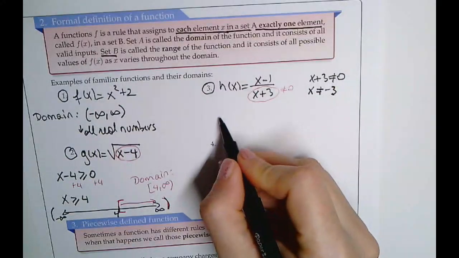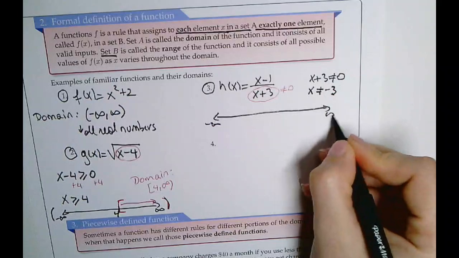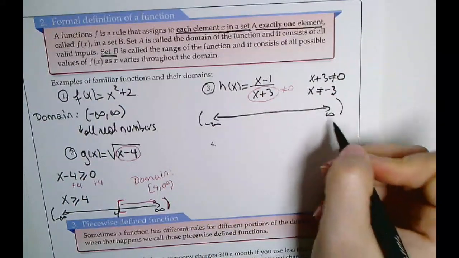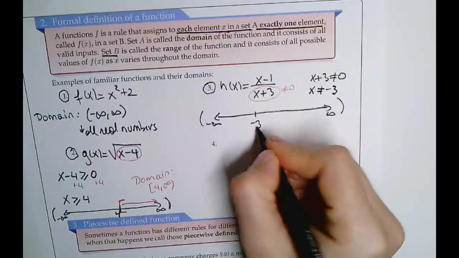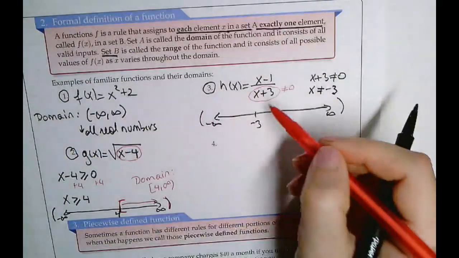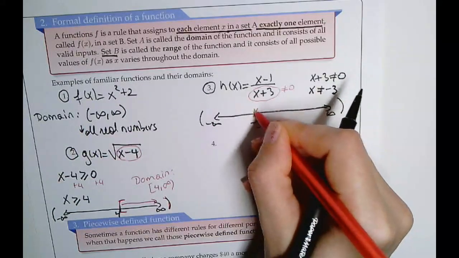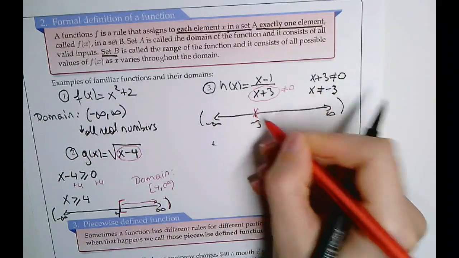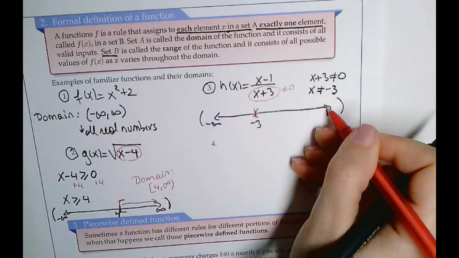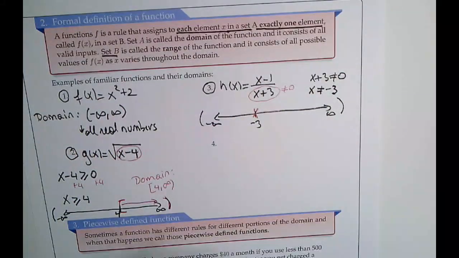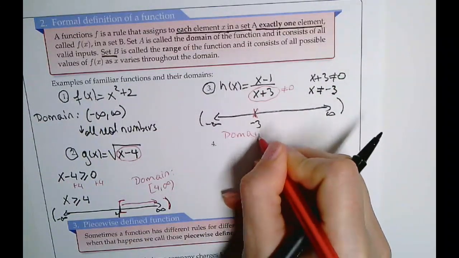Okay, so the domain will be x cannot be equal to -3, but how do I write that down in interval notation? Again, I draw my number line, -infinity to infinity, and then -3, let's say -3 is right here. So my domain for this function h of x is everything but -3. So I'm going to put an x at -3. So everything before -3 and everything after -3. So in interval notation, well, this kind of already tells us.